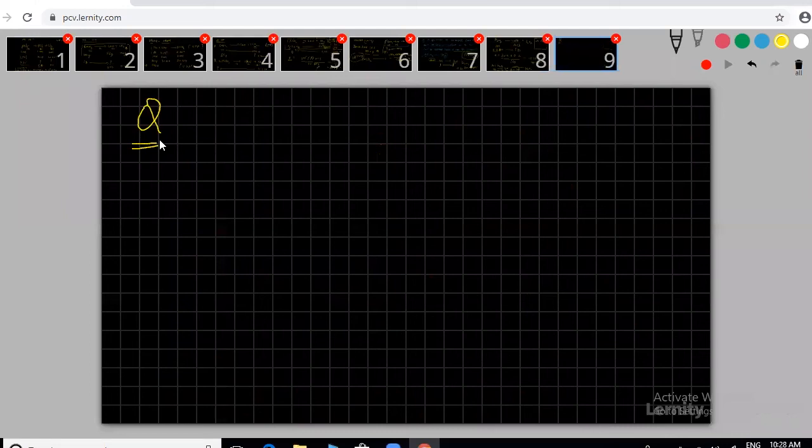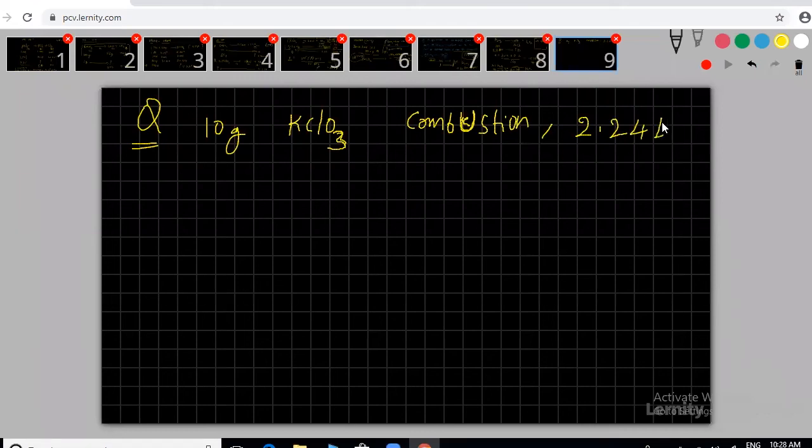A 10-gram sample of KClO3 gave, on complete combustion, 2.24 liters of oxygen at NTP.